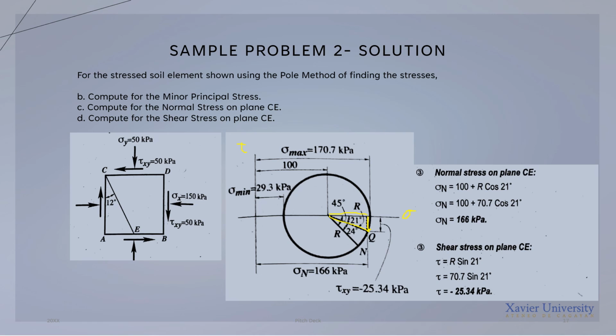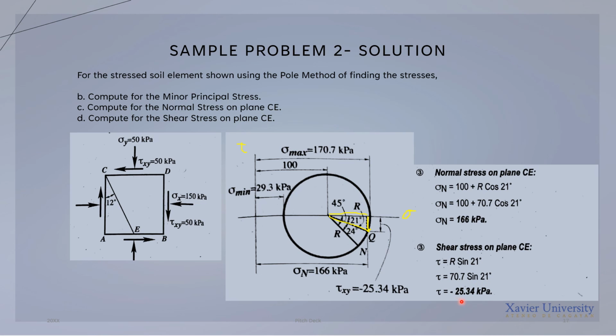So, if this is radius, which we have previously solved, and then we have a known angle here, which is equal to 21, no? Therefore, this distance or the dimension of this would be equal to r sine 21, no? Kay opposite man siya sa atong angle. So, that would be equal to r sine 21, or our radius is equal to 70.7, which we have previously solved, times sine 21.